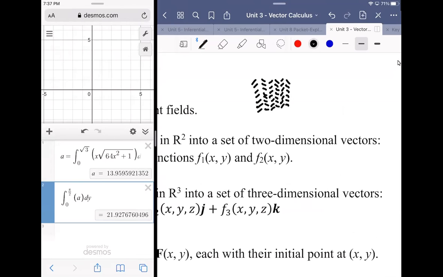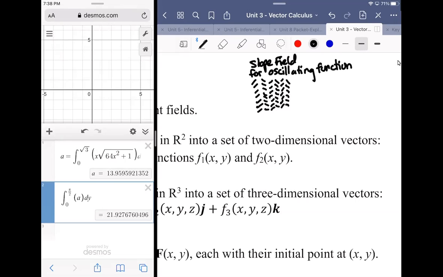All right, so this is a slope field for an oscillating function. Or at least it's trying to be.